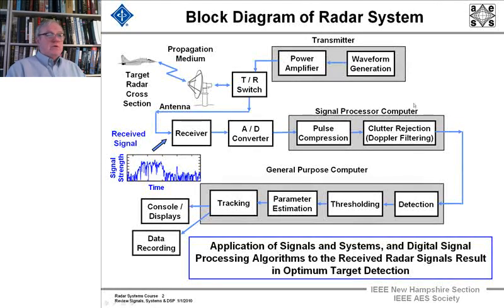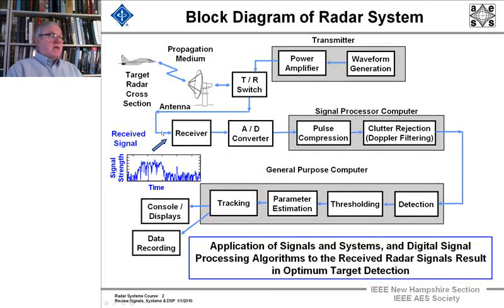Giant strides in radar have been made over the last decades and are continuing to be made because of the advances in processing power and in the power and the attributes of AtoD converters.